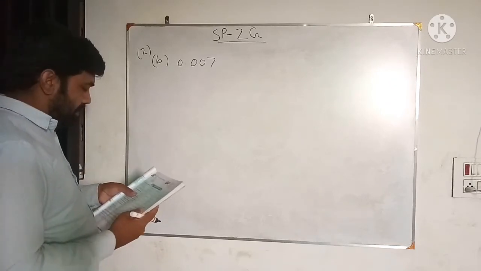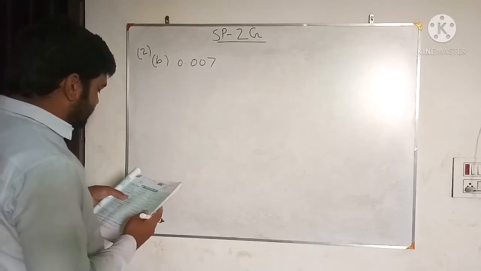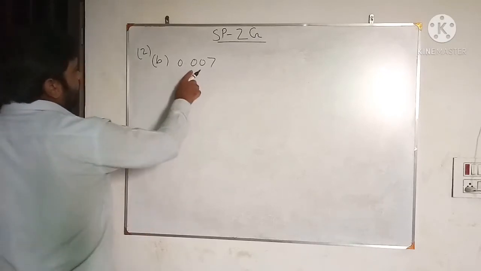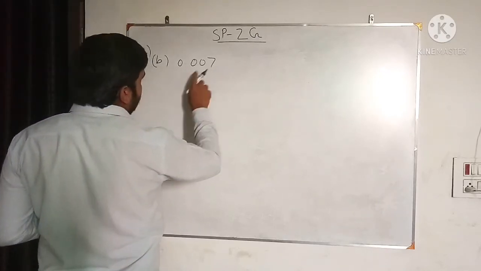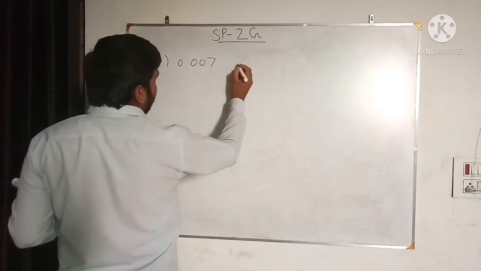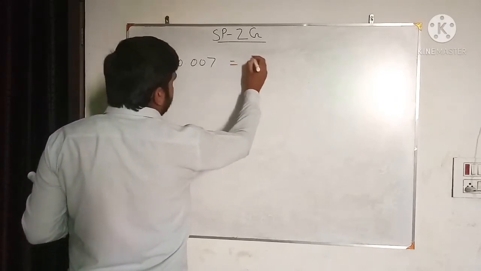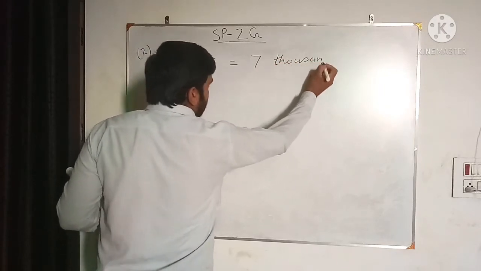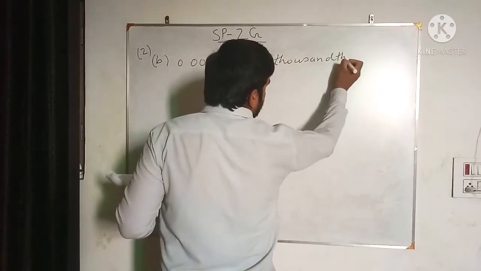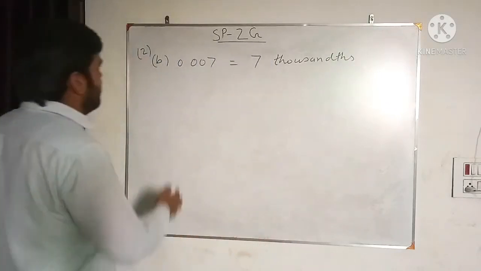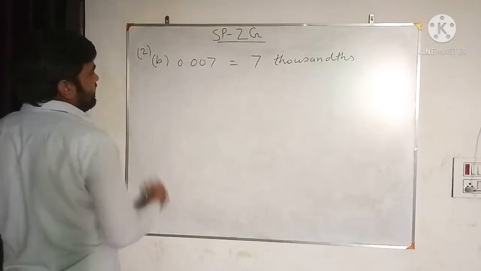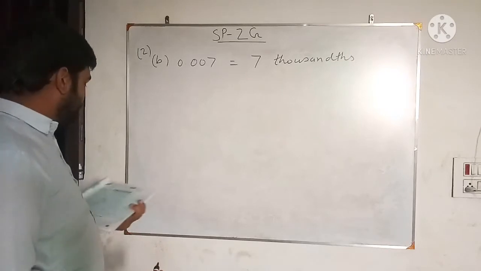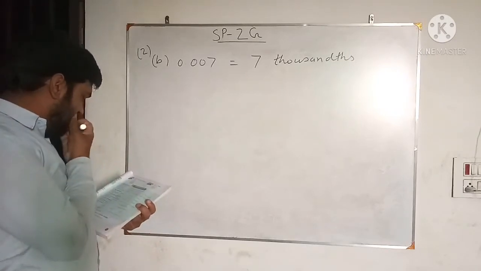Okay. So see how we write this in expanded form. Tenth, hundredth, thousandth. You can write as 7 by 1000. Because tenth place is 0, hundredth place is also 0. So how you write this in expanded form? 7 by 1000. Okay.